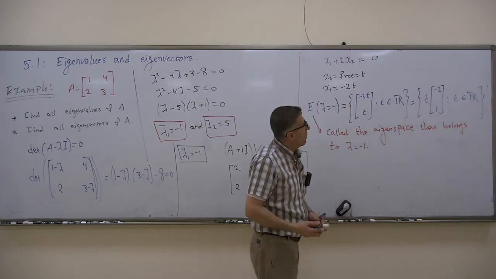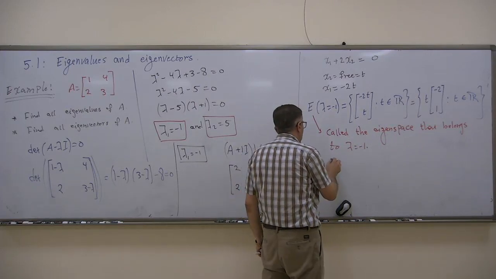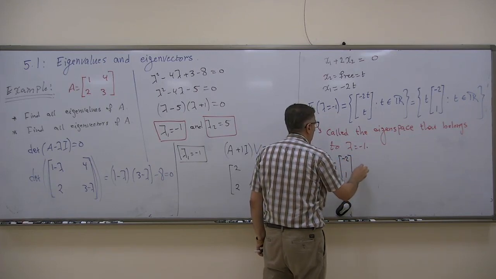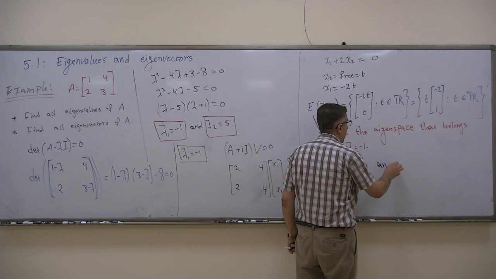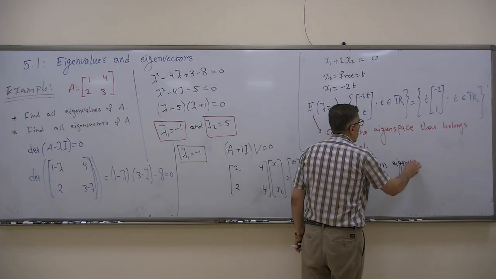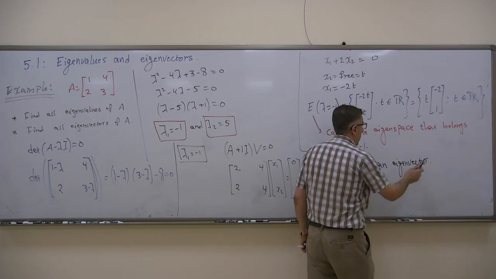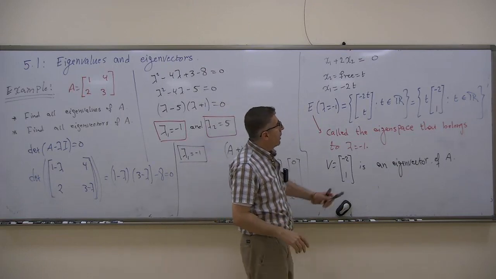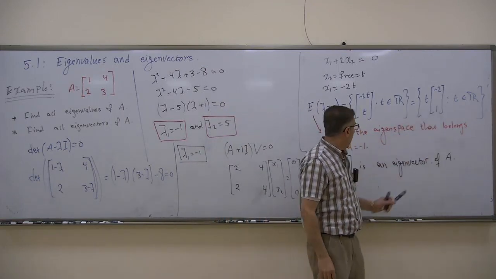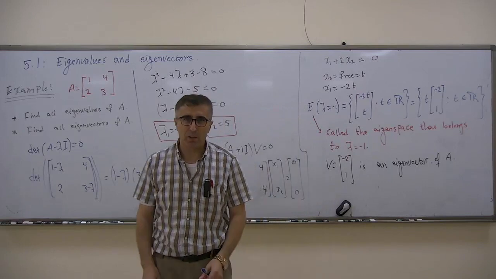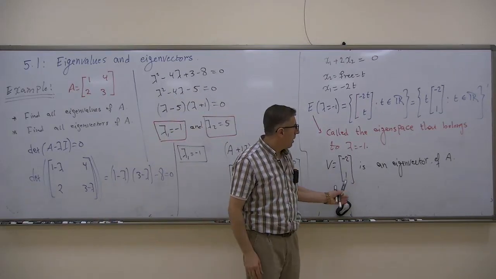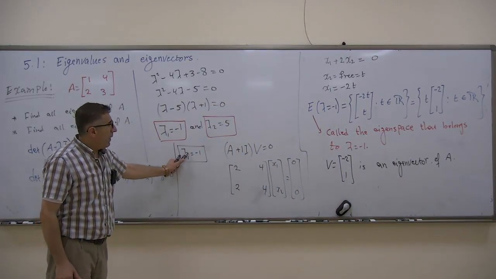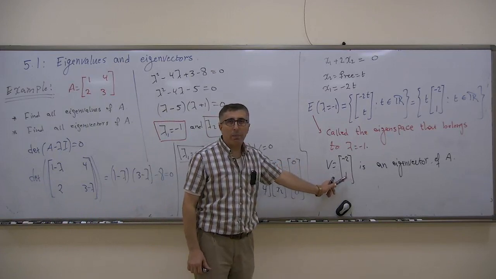So here it is common to say v equals -2, 1 is an eigenvector of A. So basically here, you take the vectors in your basis and you consider them as your eigenvectors, because everything else is going to be spanned by the vectors in your basis. Okay? So this is the first eigenvalue, and here we found the corresponding eigenvector.